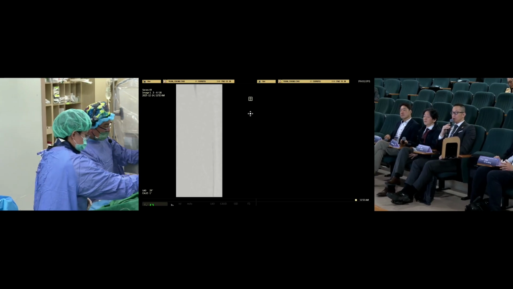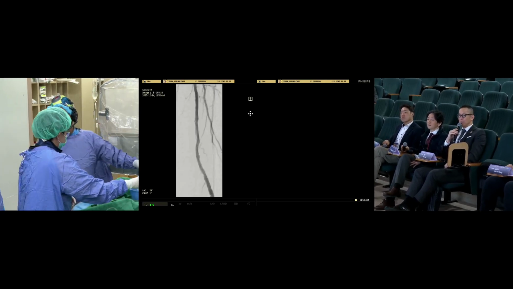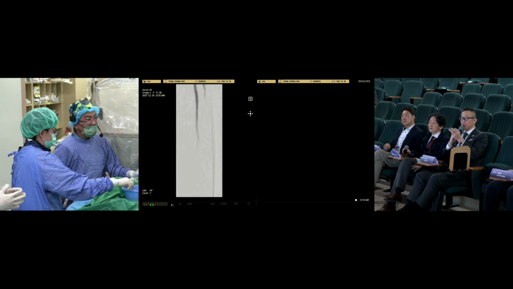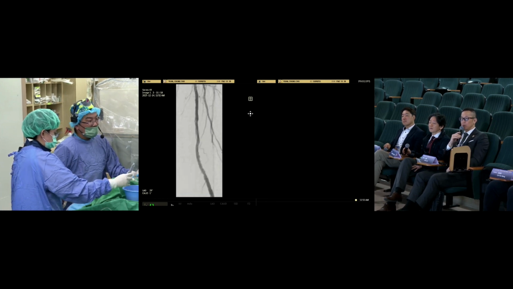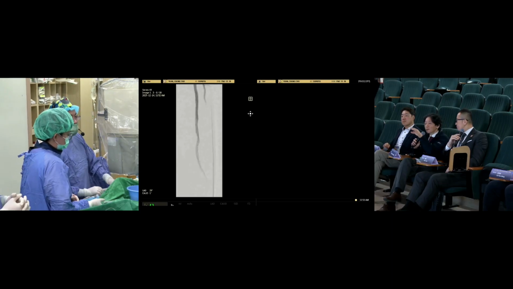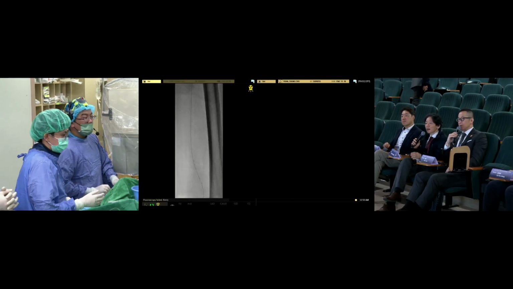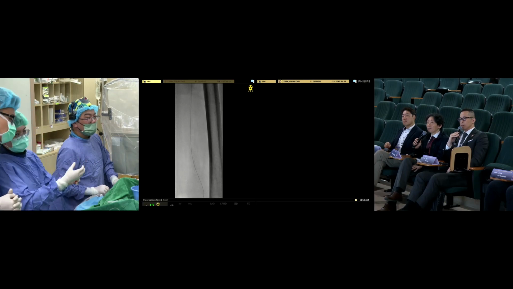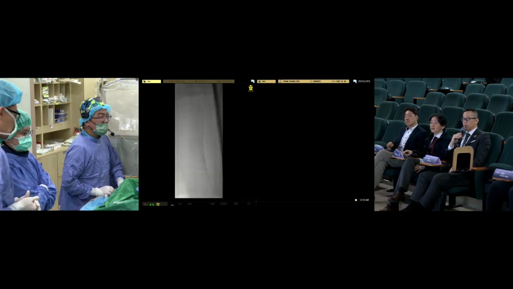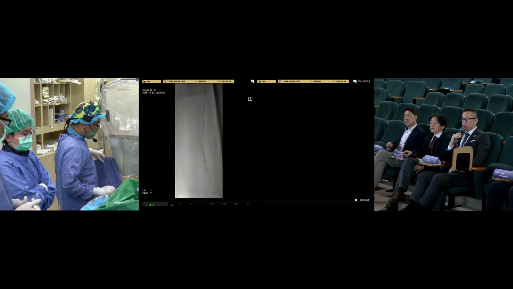So how do you make a decision about the precise landing zone? Will you change to a different direction? Yeah, a deeper left oblique is very helpful to identify the orifice. Soga Sensei suggests a deep left oblique to identify the ostium.